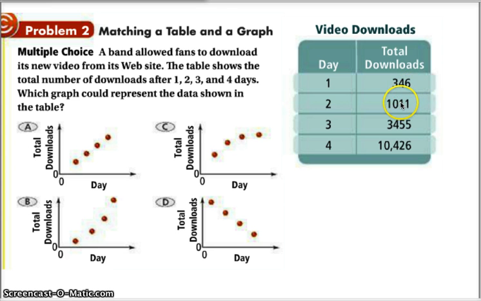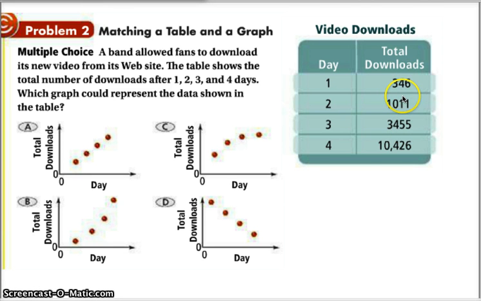And from day 2 to 3, it goes from 1,000 to 3,455, so it's jumping up like 3 times. And then from day 3 to 4, it looks like it increases by a multiple again.